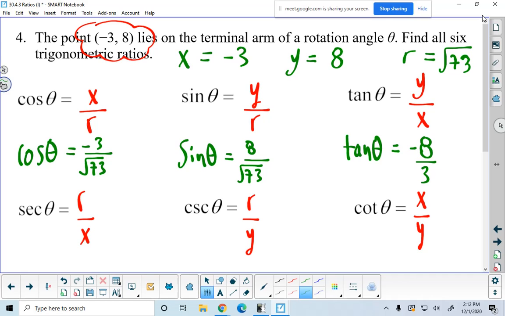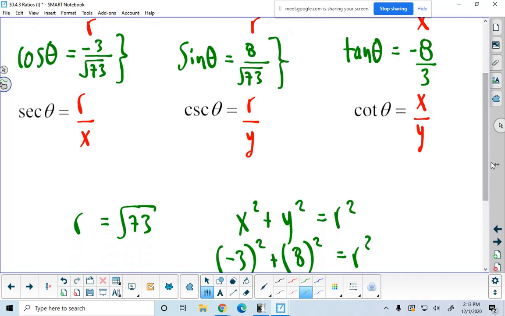You don't have to rationalize this and this. You certainly could, but it's not a requirement. To find secant, cosecant, and cotangent, we just flip these guys over. Secant of theta would be -root 73 over 3.